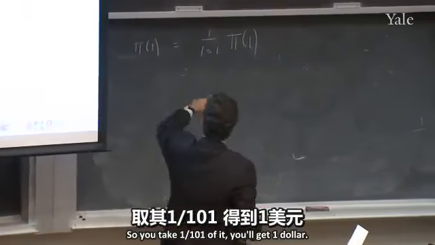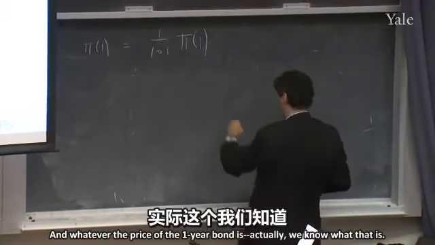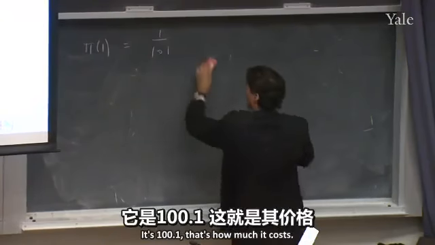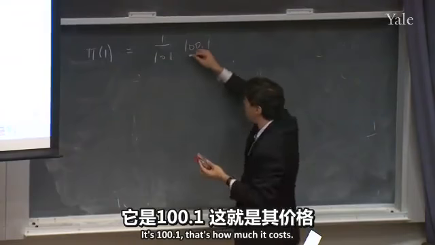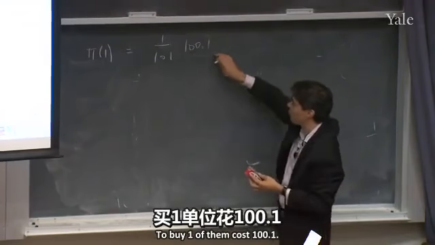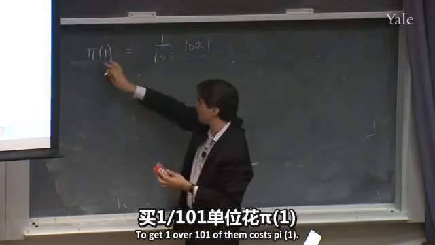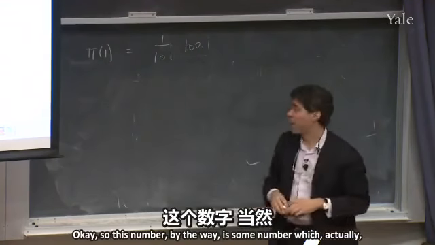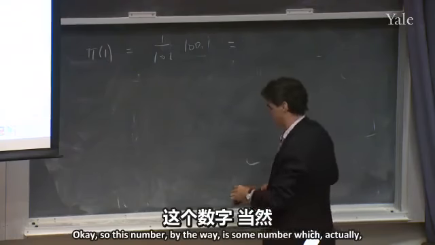So you take 1/101st of it, you'll get $1. And whatever the price of the 1-year bond is, actually we know what that is, it's 100.1. That's how much it costs. To buy one of them costs 100.1. To get 1 over 101 of them costs pi 1.